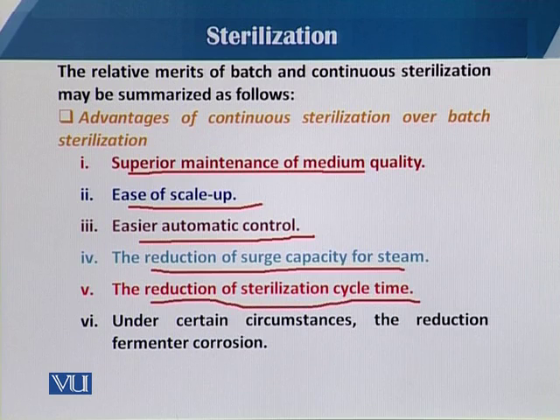Under certain circumstances it also reduces fermenter corrosion, because the fermenter has no medium and can be sterilized by steam, and reducing the sterilization cycle time increases the life of the fermenter.